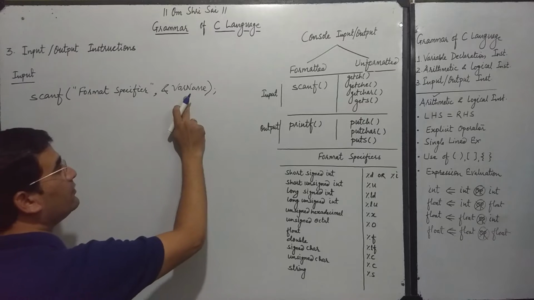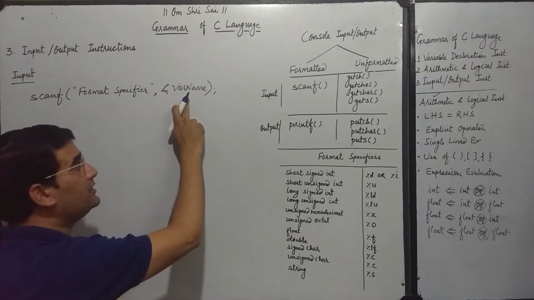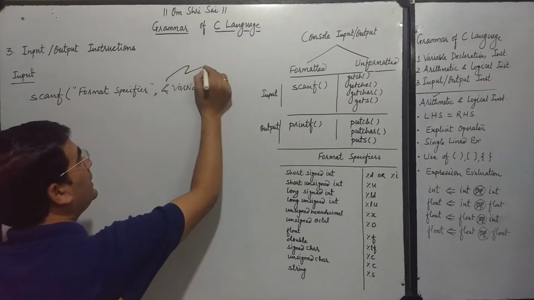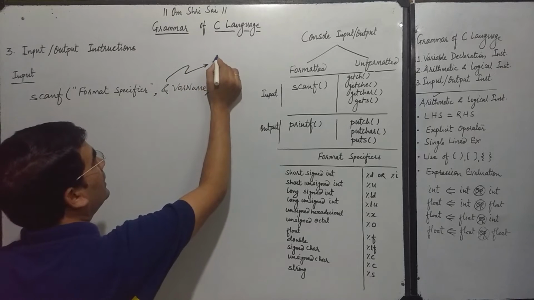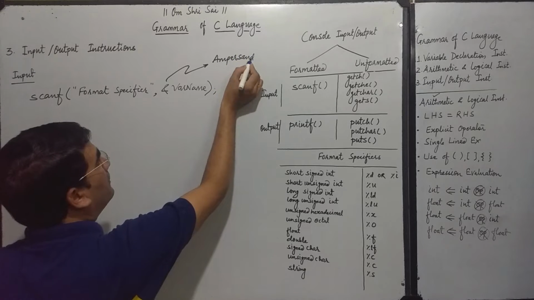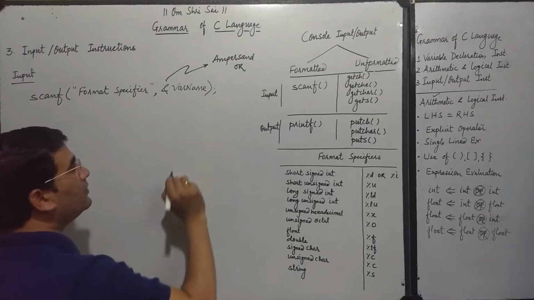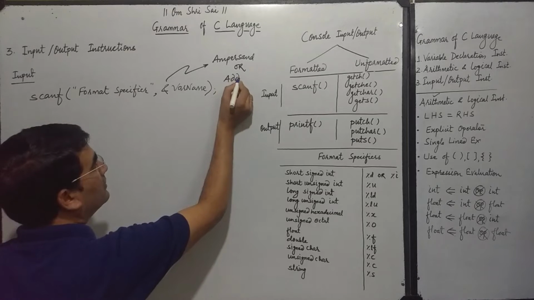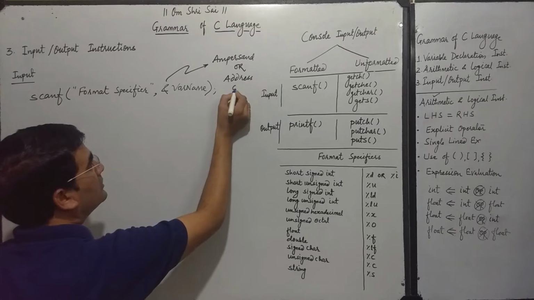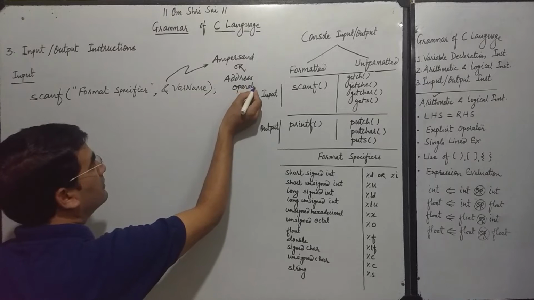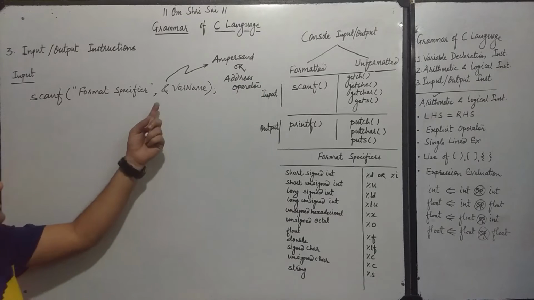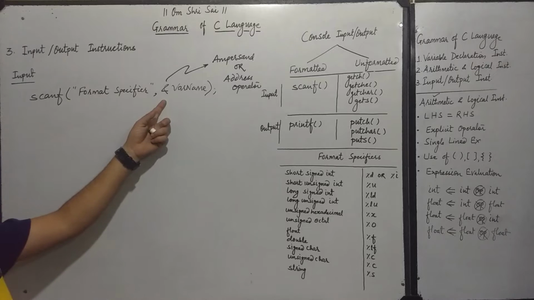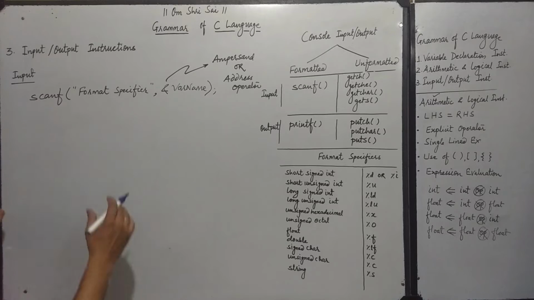So this is the name of variable for which we are going to take the input. This operator is a special operator known as ampersand, and in a regular language we name it as the address operator. Address operator. Now why this operator is used, we will see shortly.